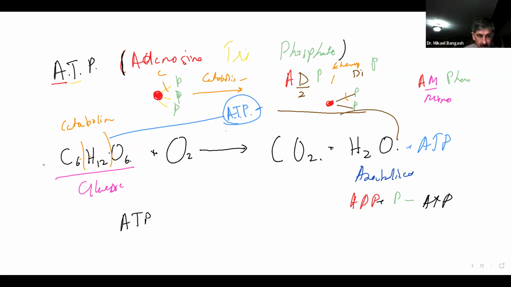But this here is an example of anabolism, where your ADP is being joined with a free phosphate to become ATP, which is the same adenosine with the three phosphates.